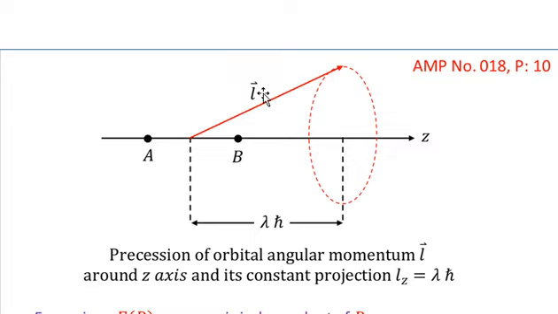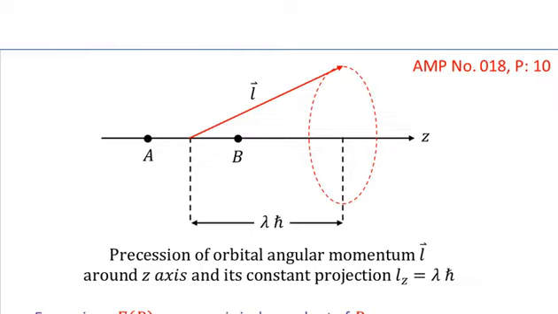So we can shift this vector to the z-axis without changing its direction, without changing its magnitude. So the projection of this L on the z-axis is represented by lambda h bar.